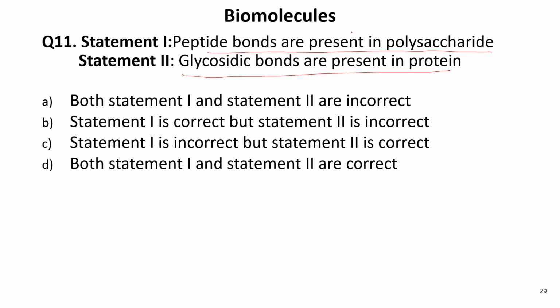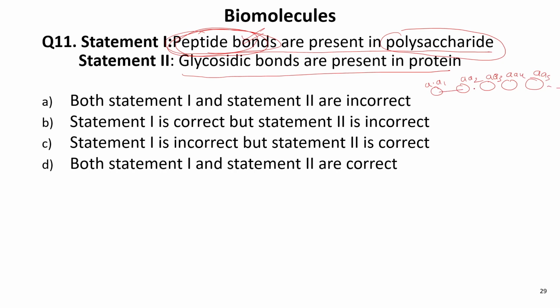So if you remember, polysaccharide does not have peptide bond. Peptide bond is a characteristic of protein. Amino acids are linked together. Suppose amino acid 1, amino acid 2, amino acid 3, amino acid 4 and 5, and so on.